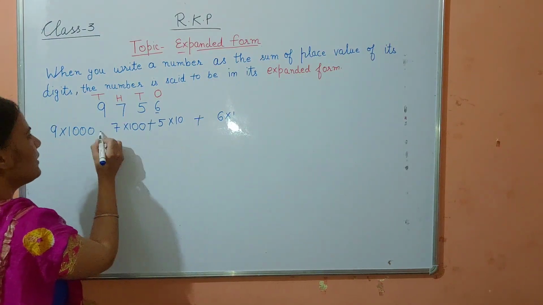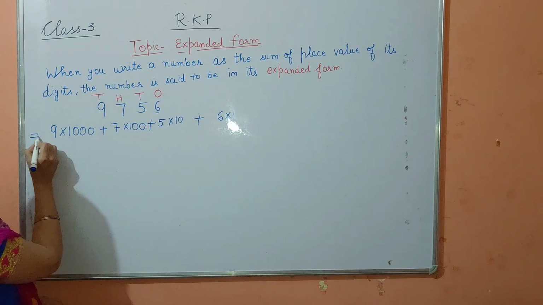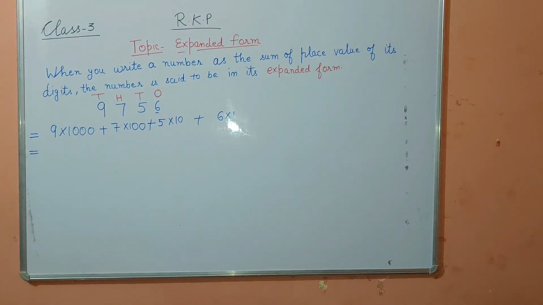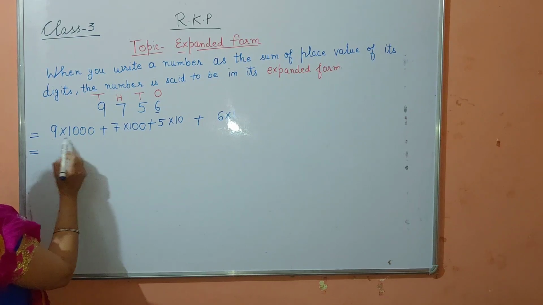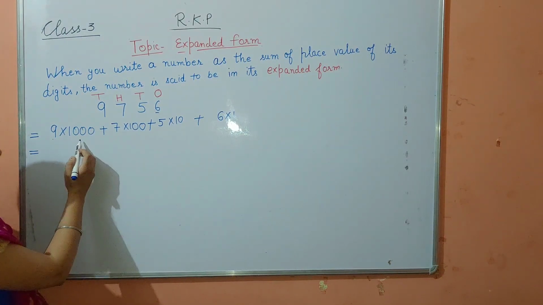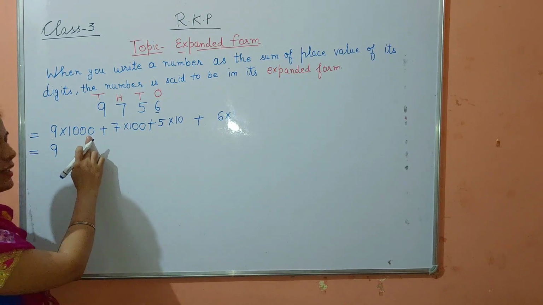When I add them, what will come? Put an equal sign here. So students, when any number is multiplied with 1000, put the number here and write zeros. How many zeros are there? 3.